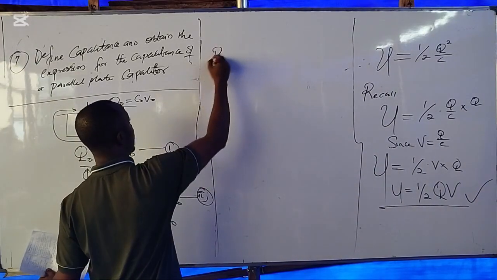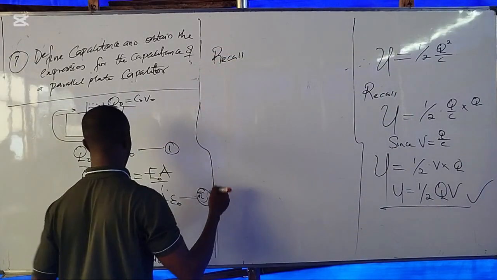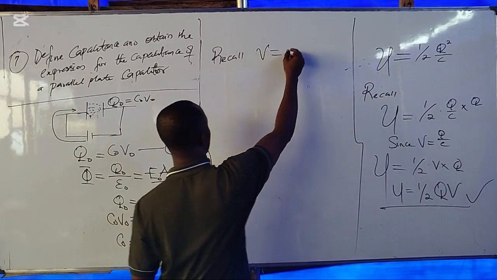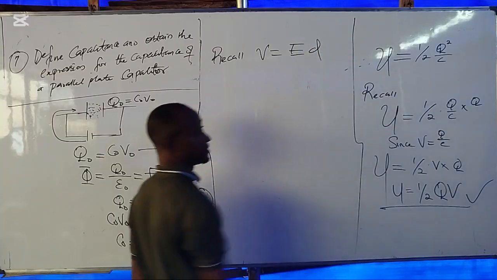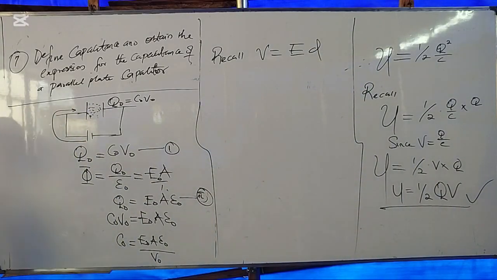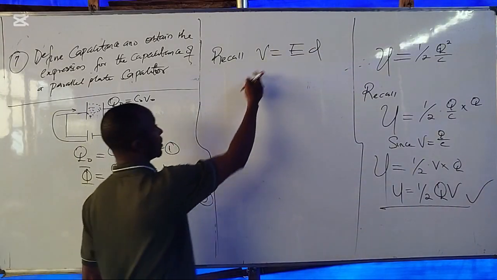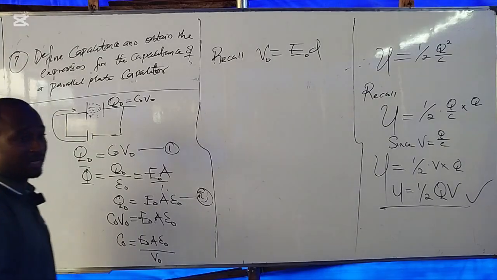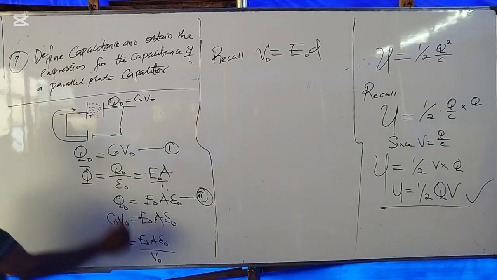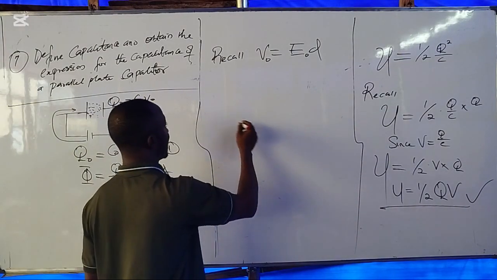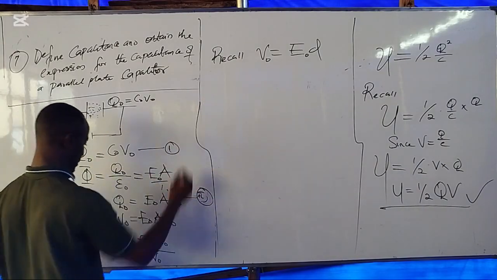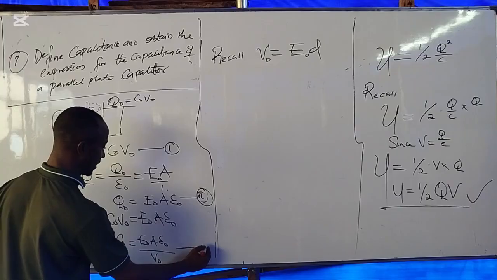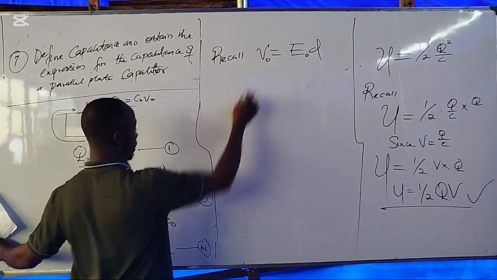Then we recall that V equals ED. But in this case, V naught equals E naught D, because we are dealing with air. Let's call the previous result equation 3. We put this into equation 3.